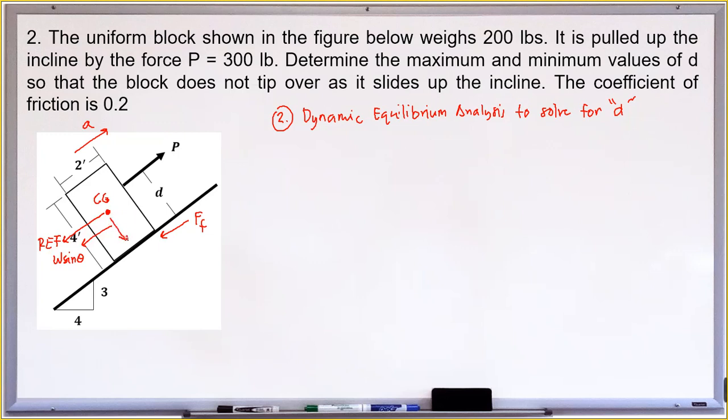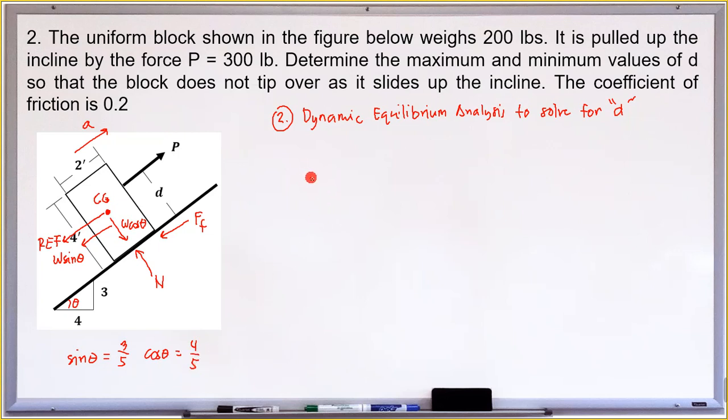And then below, we have W cosine theta. And then, of course, the normal force. Again, sine theta is 3/5. Cosine theta is 4/5.